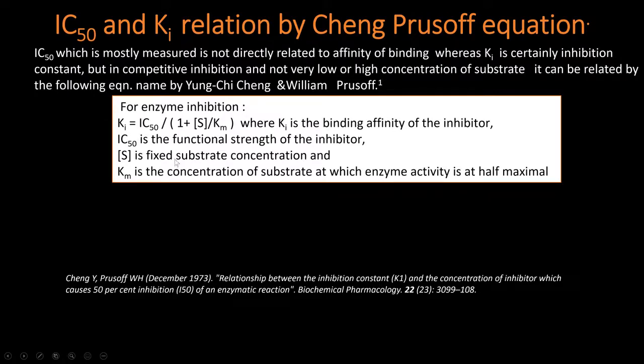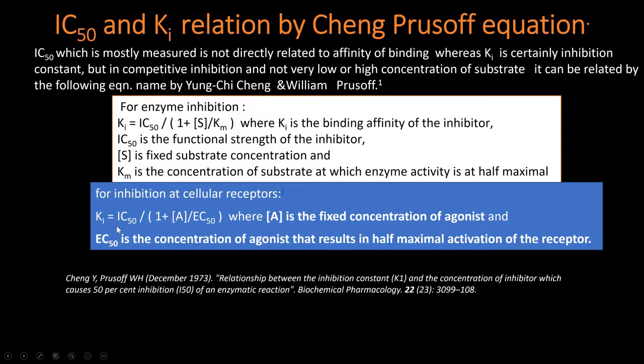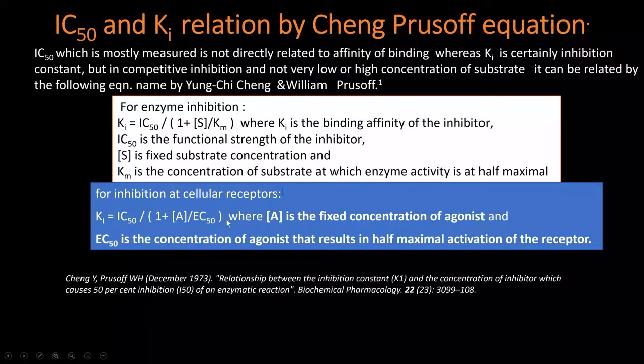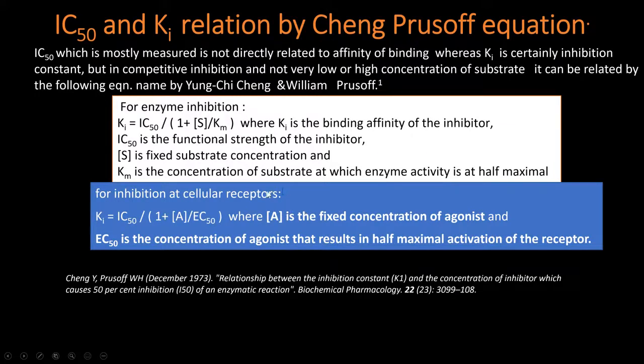Now this is for enzyme inhibition, whereas for the relation of Ki and IC50 for something like agonists and receptors, this is the equation you should use. Please do note that in both cases there is A and S, and these two notoriously change everything in IC50.